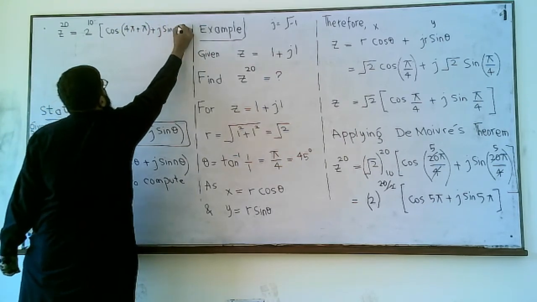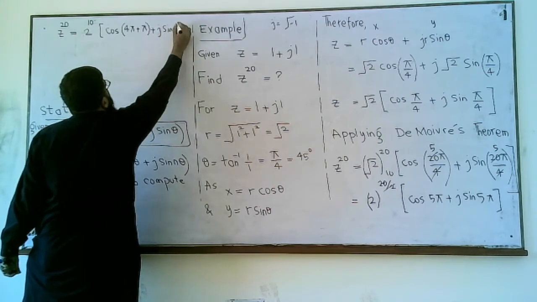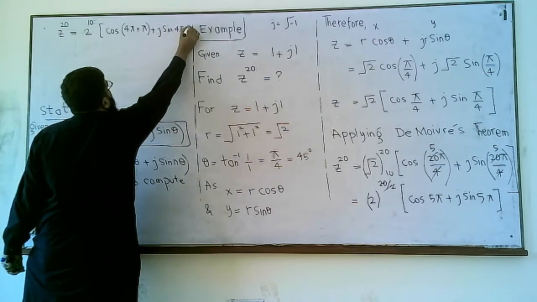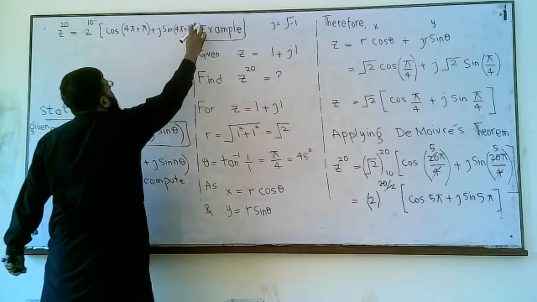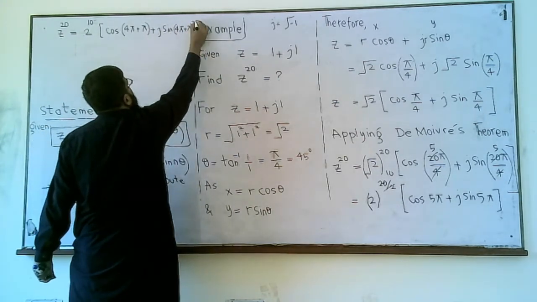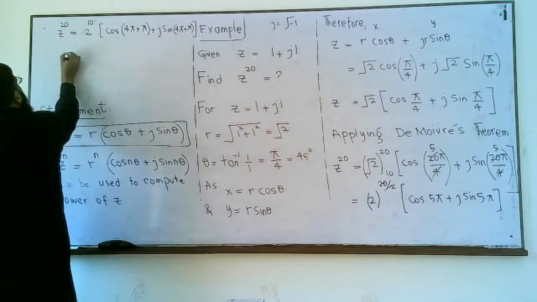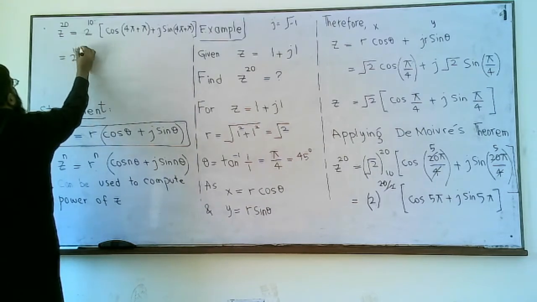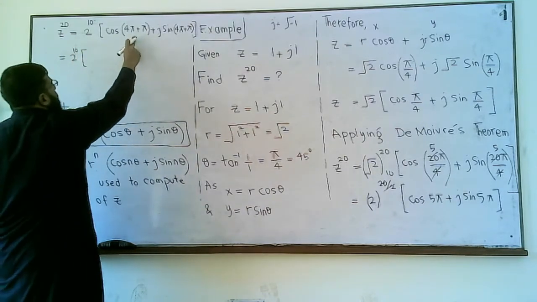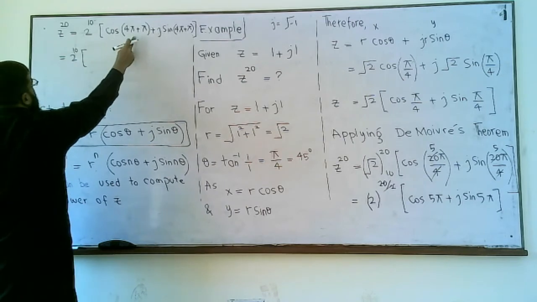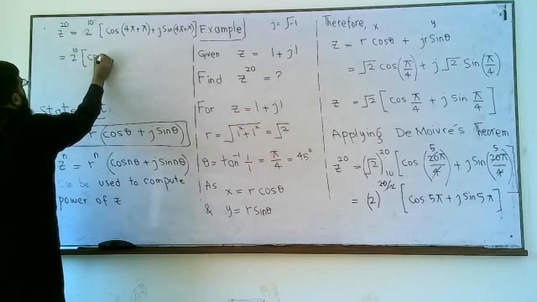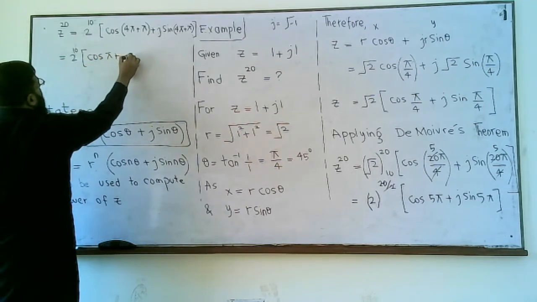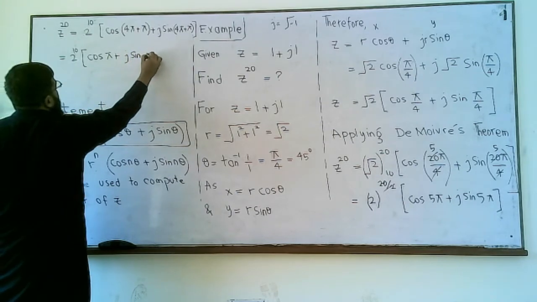Similarly, sine of 5 pi can be written as sine of 4 pi plus pi. Therefore, this is 2 to the 10. Cos of 4 pi completes 2 cycles. Therefore, cos of 4 pi plus pi is cos of pi plus j sine of pi.